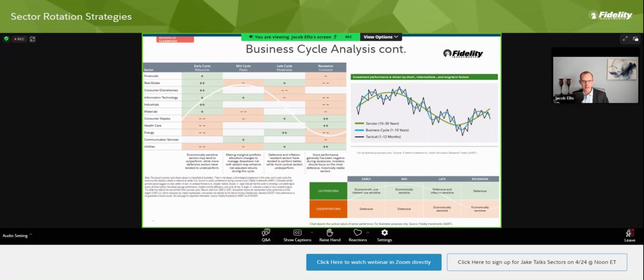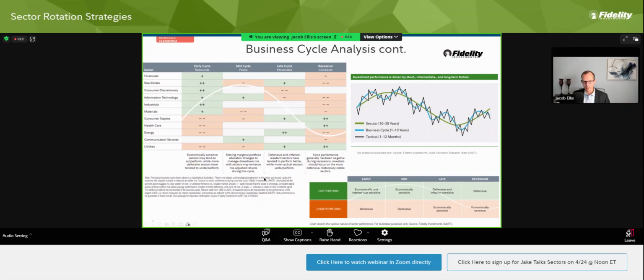Better than it could have been, but not necessarily good. Just because we see plus over here in a recession does not mean that consumer staples companies aren't potentially also losing, but they are losing less and doing better than other parts of the market. This is a relative calculation that we are looking at.